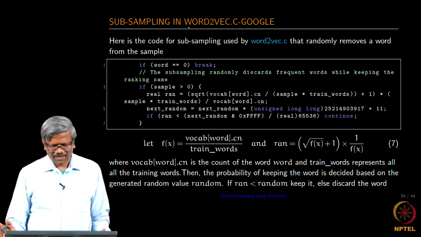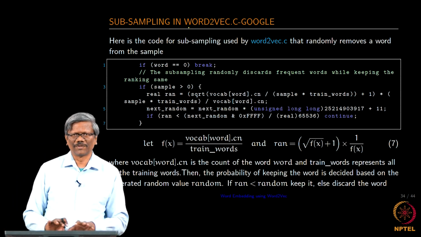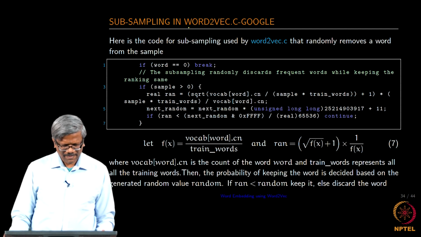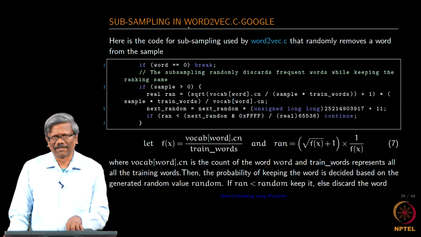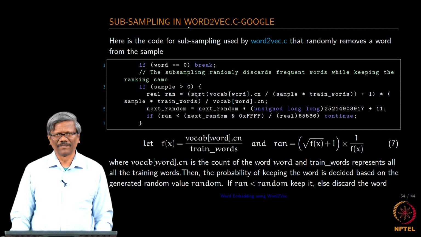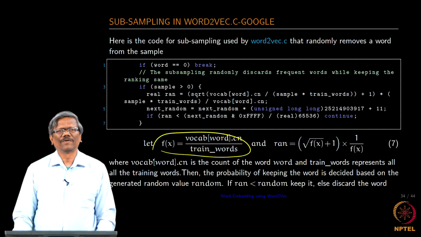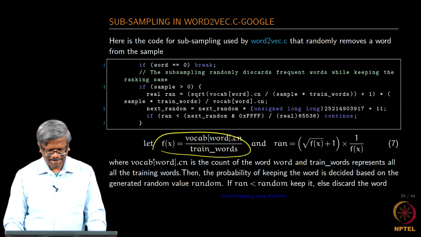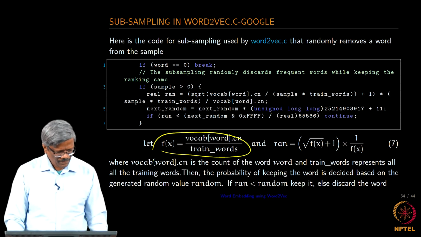Here they have used some subsampling mechanism to remove the infrequently occurring words. If you really understand C, I would like you to go through this and see how they are utilizing the mechanism to reduce the number of samples for the training. All right.